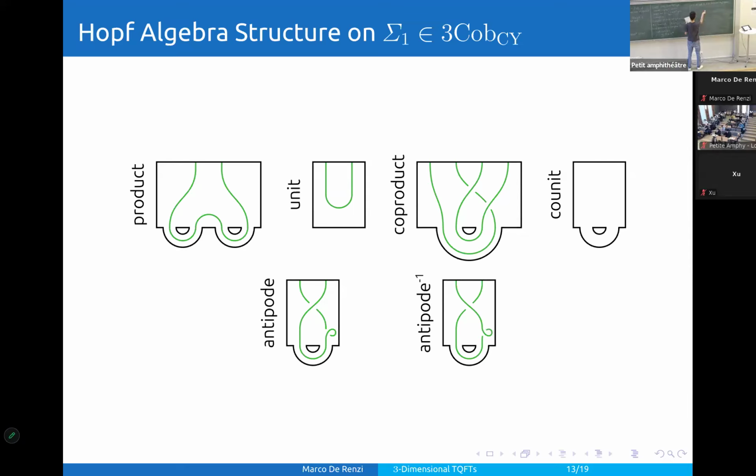And here is the first ingredient for this strategy: the fact that the end, this universal and very important object in the category of H modules, is the Hopf algebra itself, the adjoint representation.